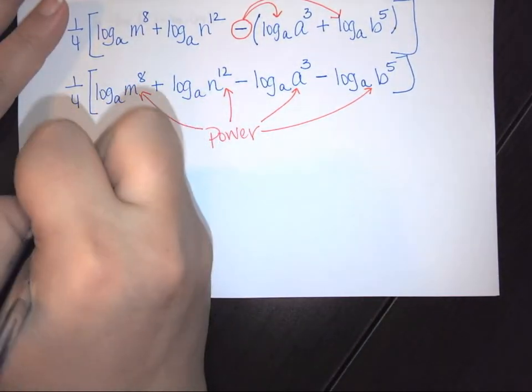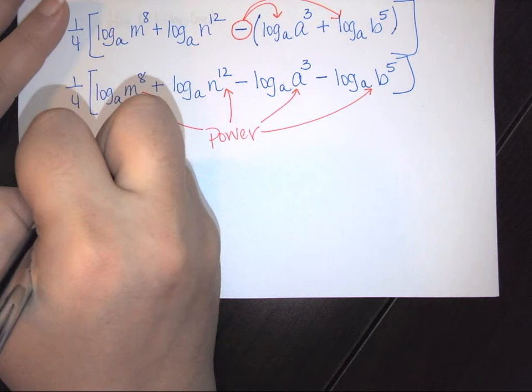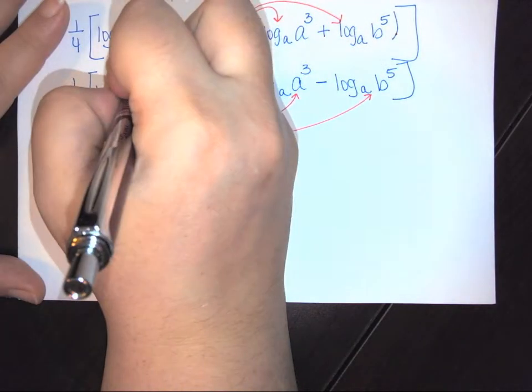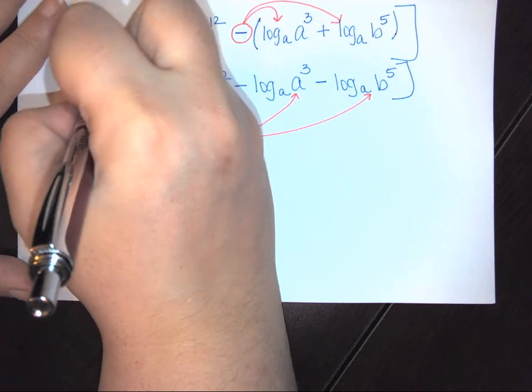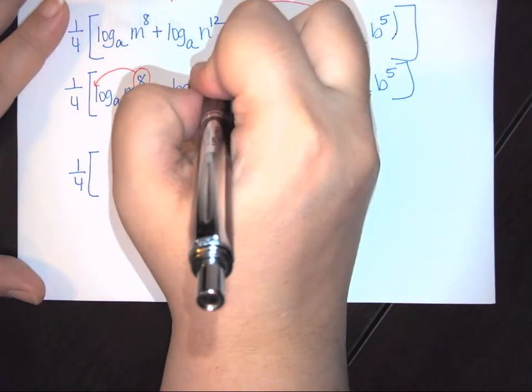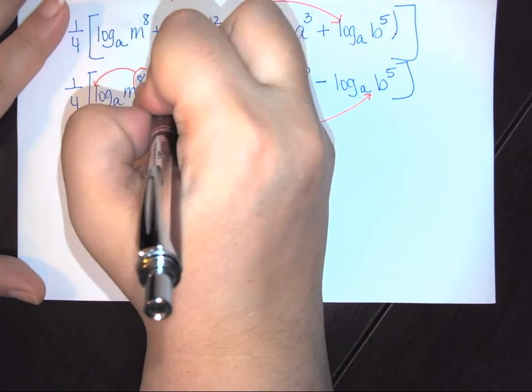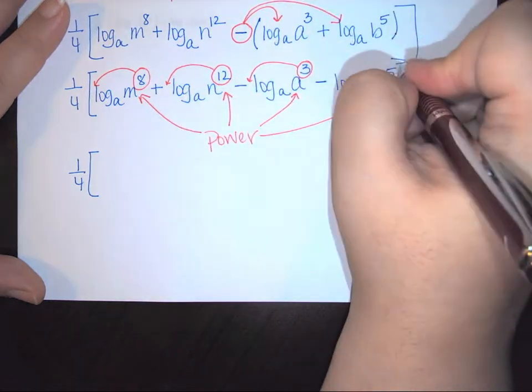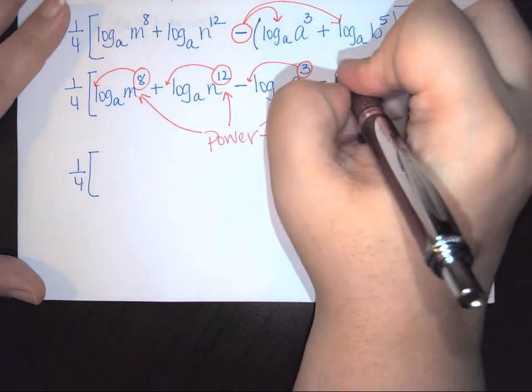So this is going to be my 1/4 times, and the power rule says each of these has to move down front. So that means the 12 has to move down front, the 3 moves, and the 5 moves.